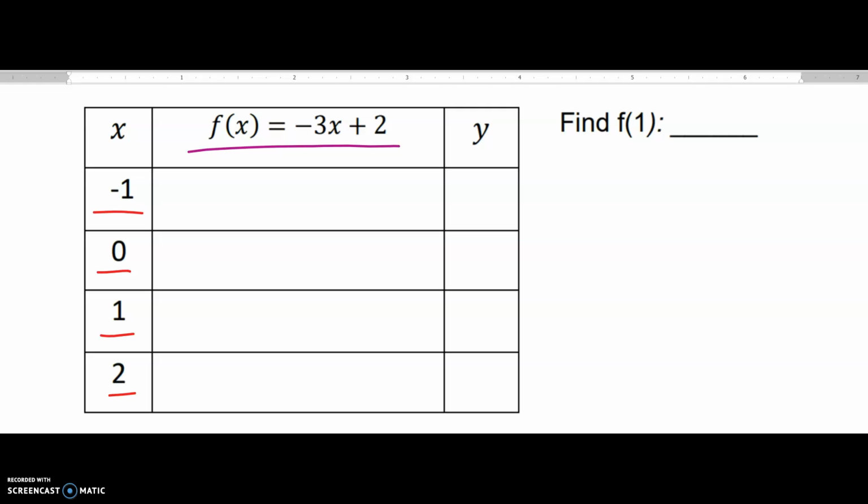So I'm going to take the function that we have, so f of -1, that's our domain that we're using for our first problem, equals -3 times that x value, -1, and then we're going to add 2.